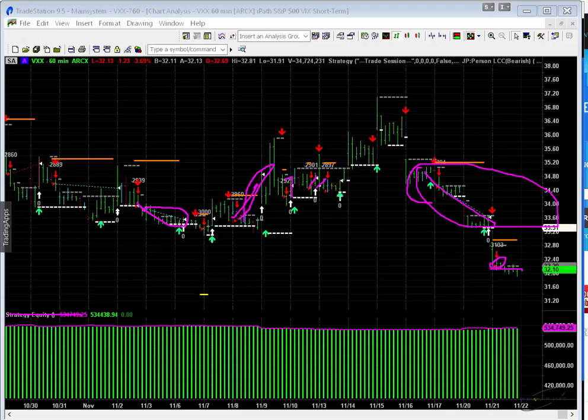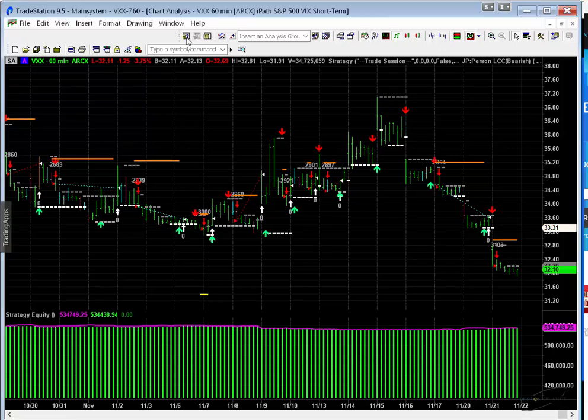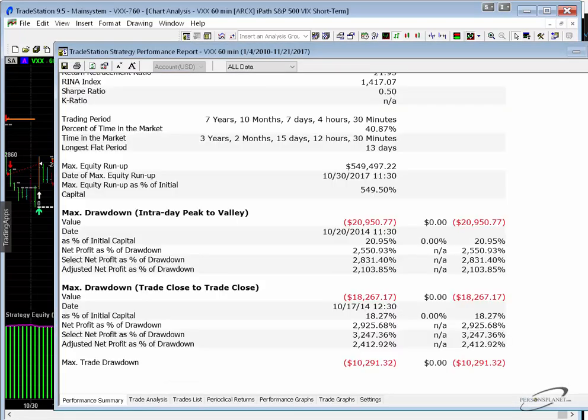So looking at this market and teaching people, listen, you are going to have to probe and test the market, and you're going to have to take every signal. And I think that's what a product will help people to understand their overall performance. Let's take a look at the performance graph.